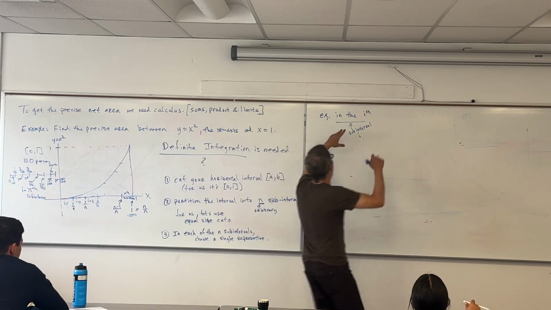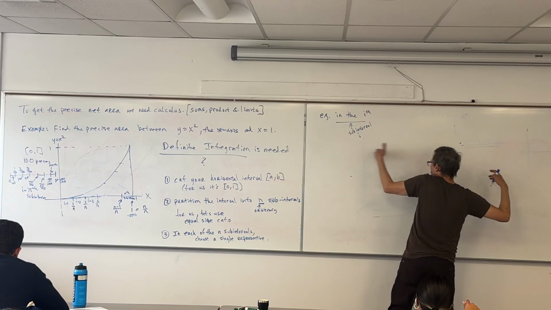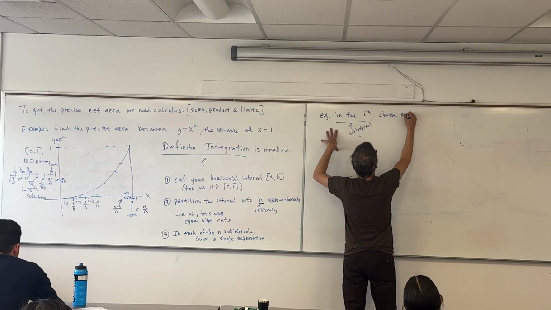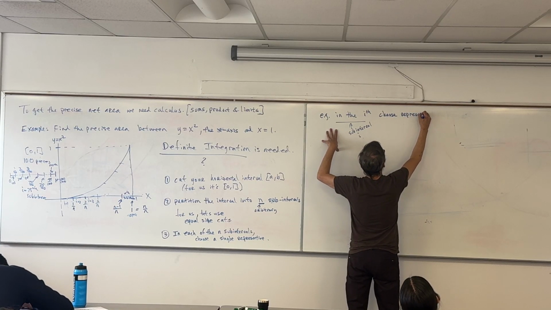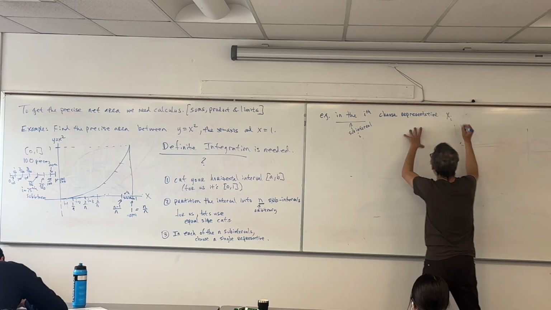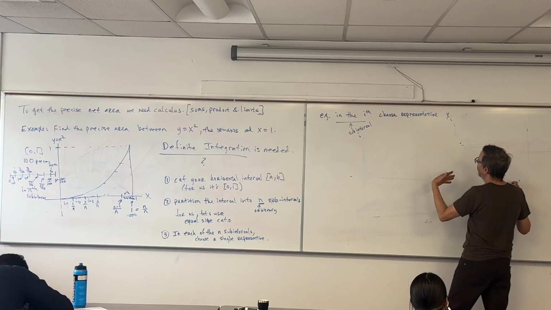So I'm going to go to the ith, an arbitrary subinterval, the ith one from the left. Choose a representative, and it's going to be x sub i, so x sub 1 for the first subinterval, x sub 2 for the second.